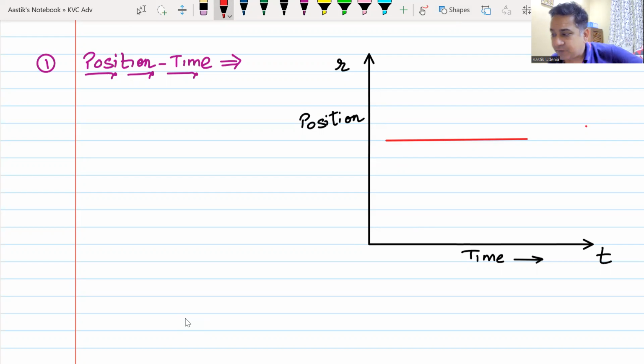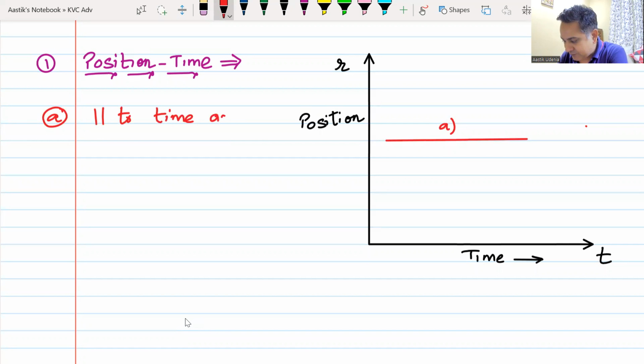If this is the graph, and I call this graph number A, the red graph, what does this graph number A represent? What type of motion is graph number A representing? The graph is parallel to the time axis.